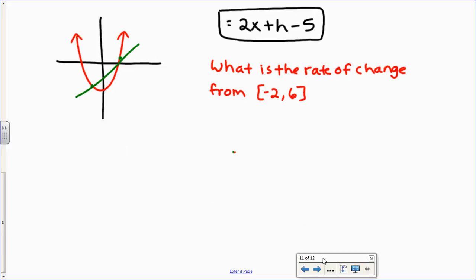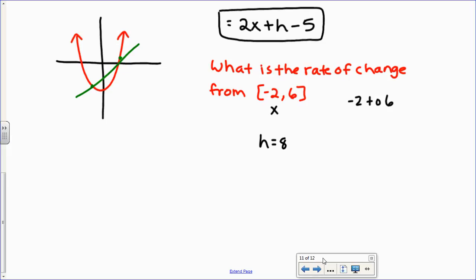So when I plug it in, this is my x, and then h is the distance between these 2 points. So from -2 to 6, we went 8 units. From -2 to 6, you went 8 units.